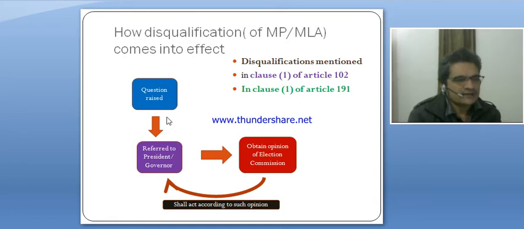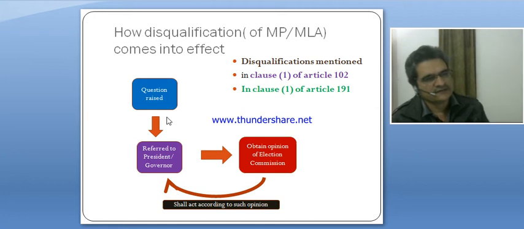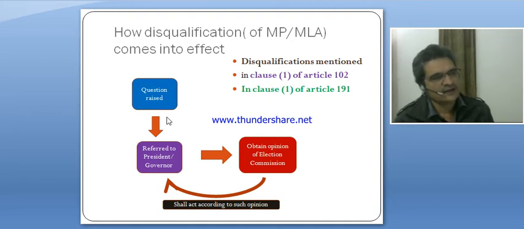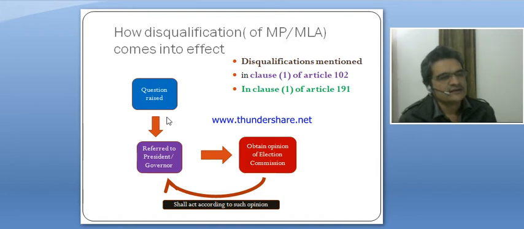And in fact, in the constitution itself, it is provided that the president, or the governor as the case may be, in different articles, shall refer it to the election commission and obtain its opinion. The election commission goes into the merits, like it happened recently in the case of the MLAs of the National Capital Territory of Delhi. The commission gives its opinion, and one thing you may please note is that it is binding. This opinion is effectively binding on the president and the governor.